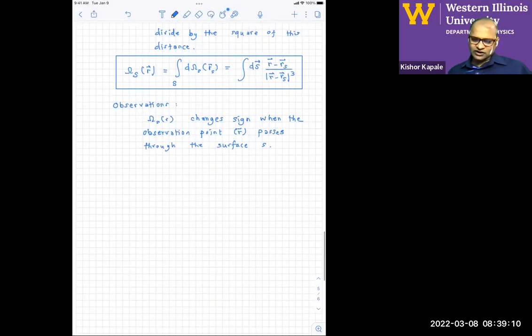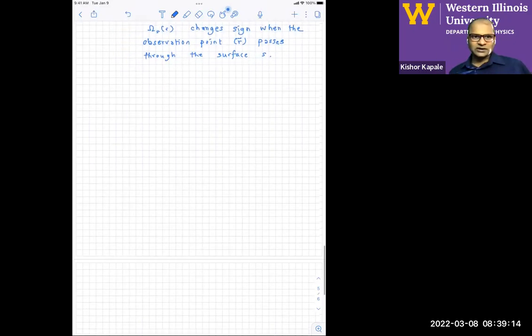Because that's going to change R minus RS. The sign is going to be reversed if you go to the other direction.